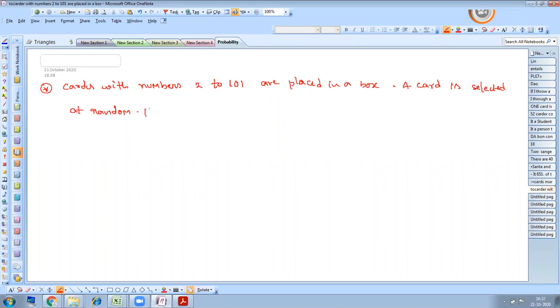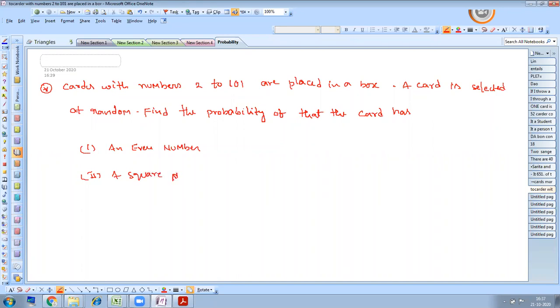Find the probability that the card has an even number, a square number, a two-digit number, a prime number.